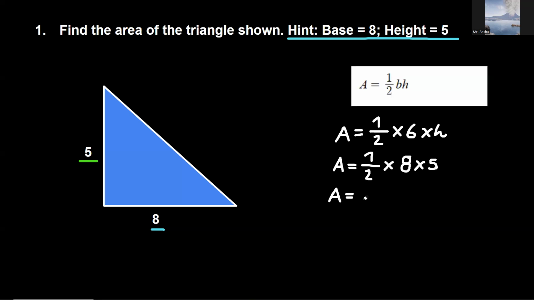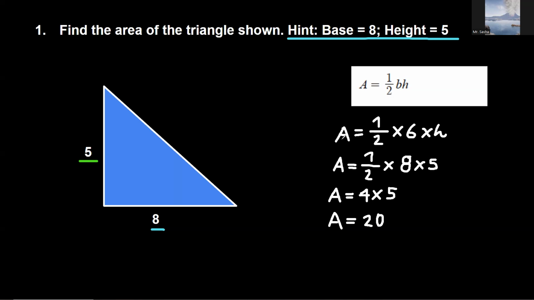Okay, so let's see here. So 1/2 times 8, 1/2 is basically 0.5. 0.5 times 8 is 4. And you have 4 times 5. Okay, so what is 4 times 5? 4 times 5 equals to 20.